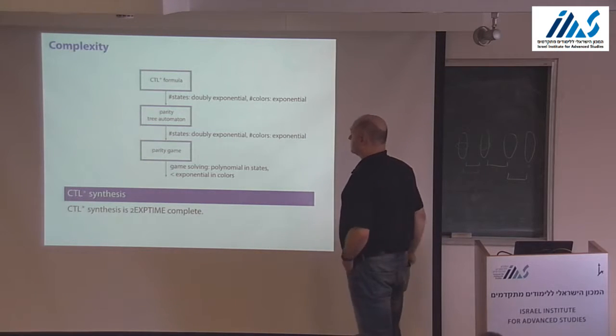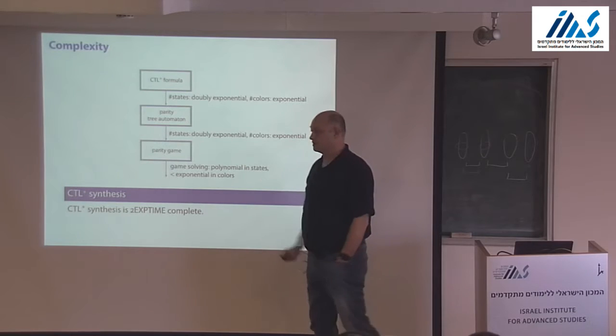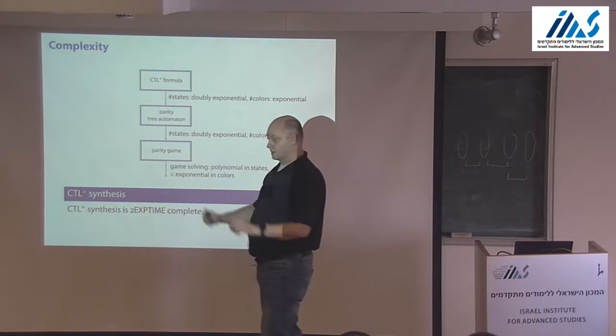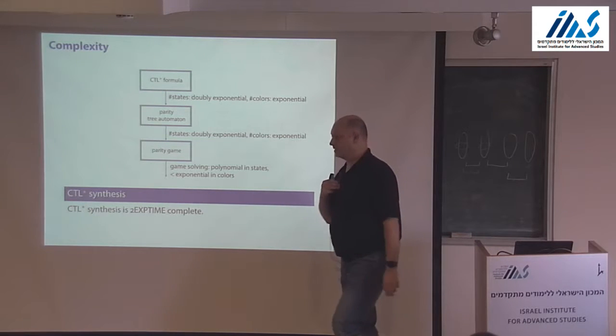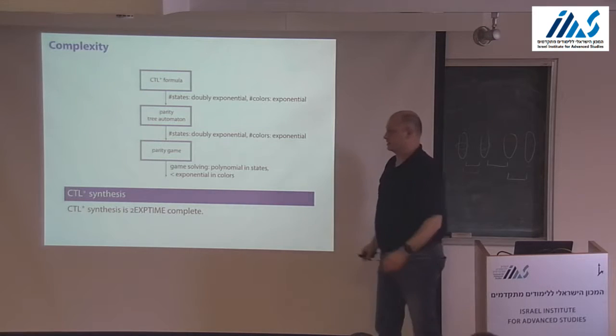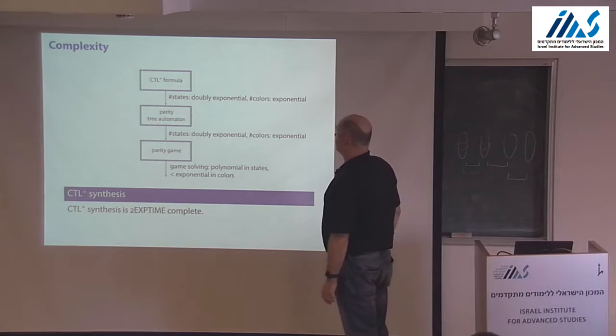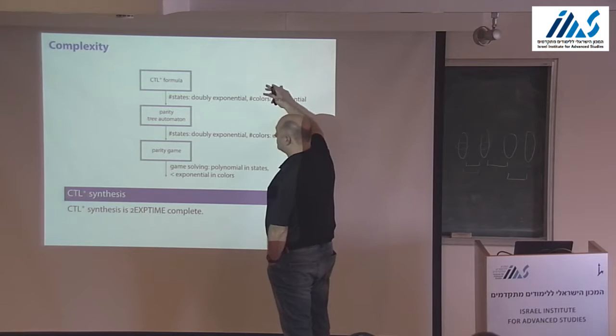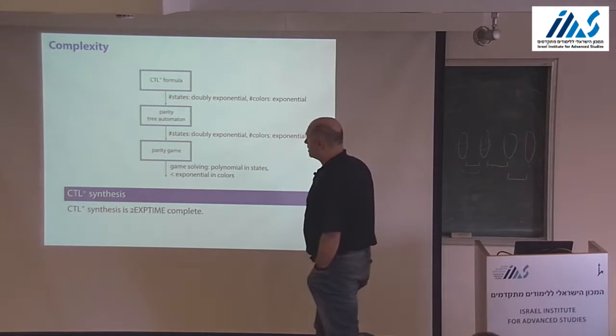All right. Now, the construction of the parametric automaton requires to determinize the path automaton. If you happen to start out with, say, LTL, we do have again the doubly exponential complexity.